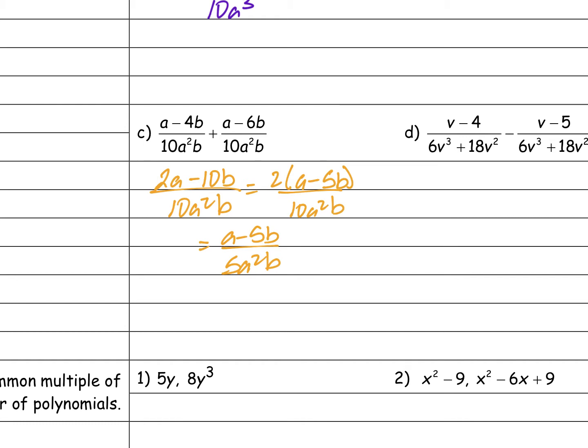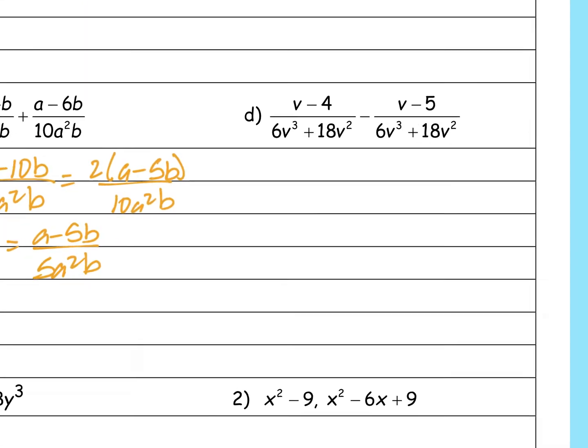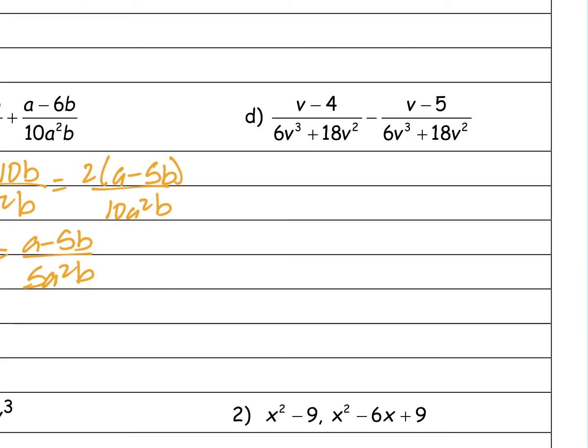Wow. Okay. And then the last one is v minus v is 0. And negative 4 minus a negative 5 is 1 all over 6v cubed plus 18v squared. Done. Can't do anything with that.